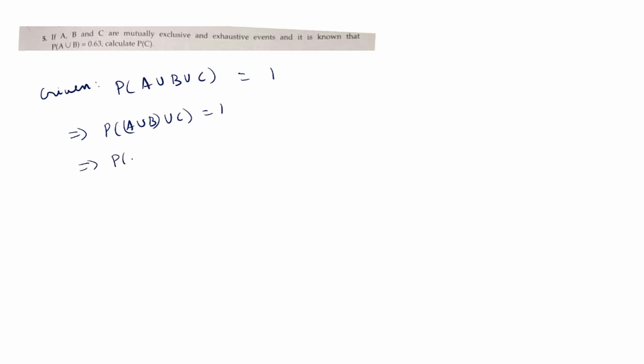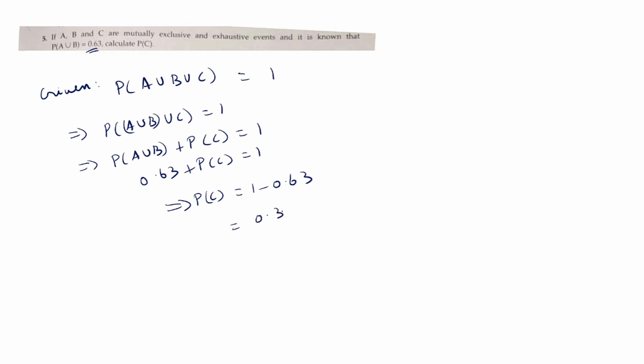So from this we have probability of A union B plus probability of C is equal to 1. Probability of A union B is given as 0.63. So 0.63 plus probability of C is equal to 1. From this we have probability of C as 1 minus 0.63, which is 0.37. So probability of C is 0.37.